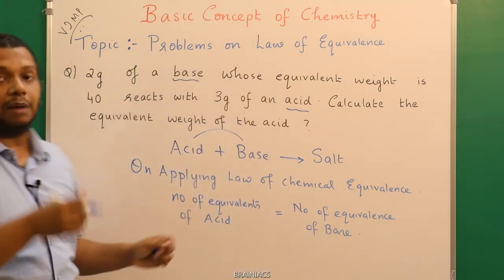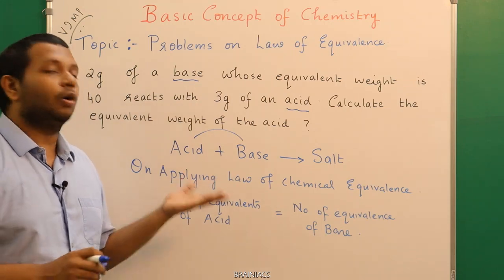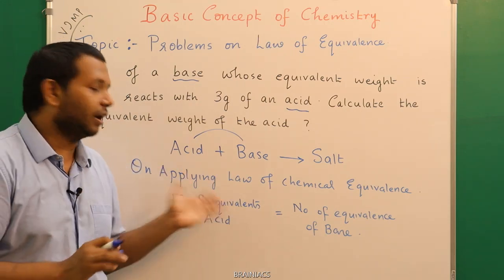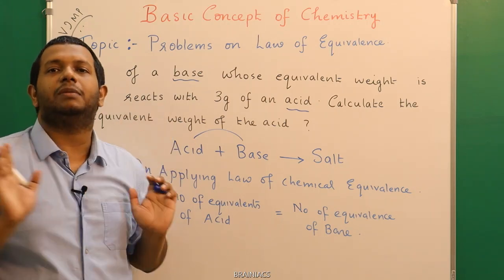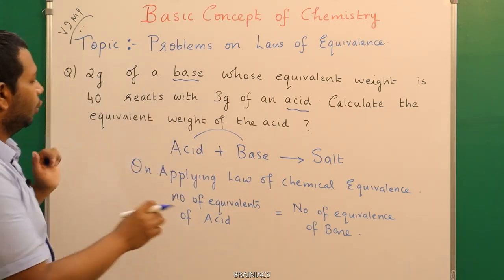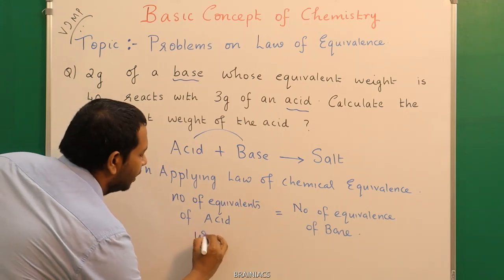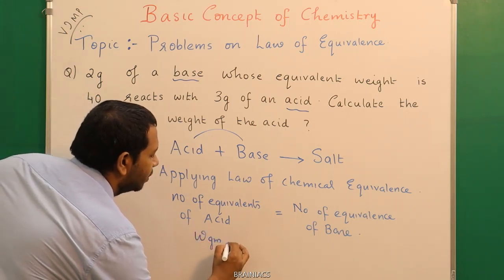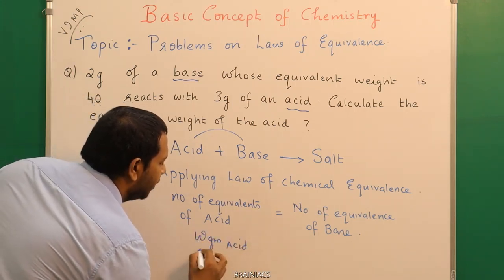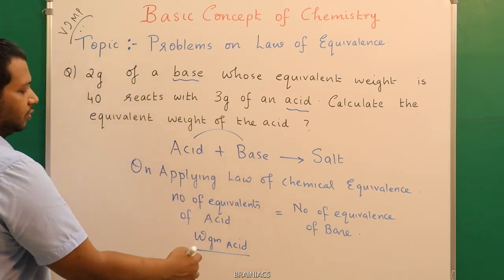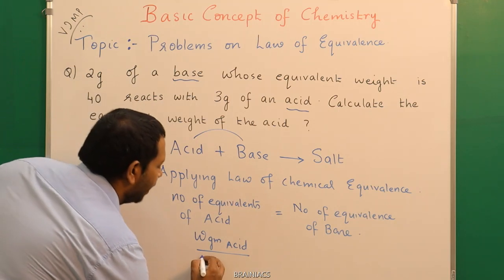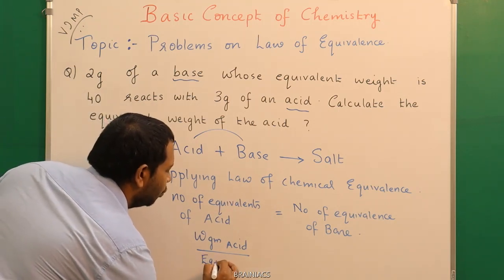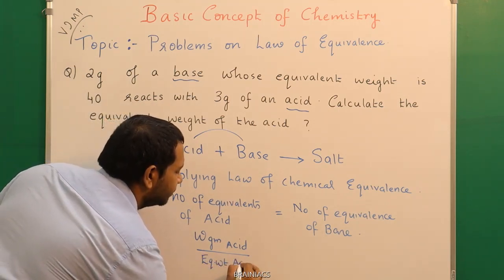Now tell me, what is the number of equivalents of an acid? We know the formula, it is similar to the number of moles. I have taught you: number of equivalents is equal to weight in gram divided by equivalent weight. So I can write weight in gram of the acid divided by equivalent weight of the acid.